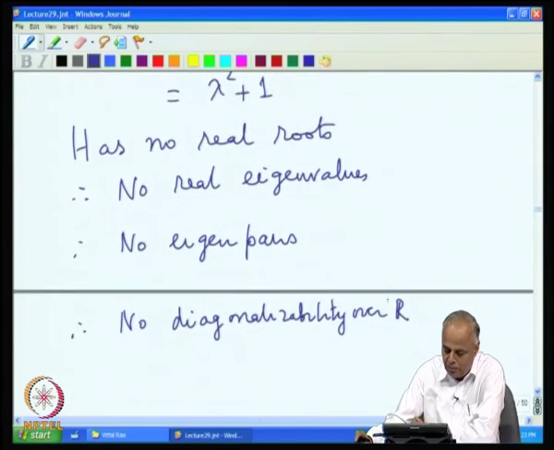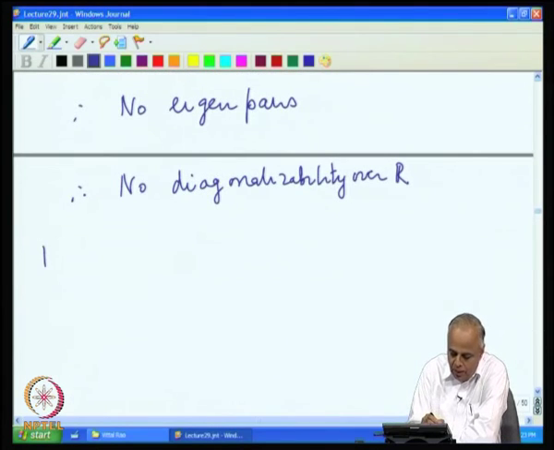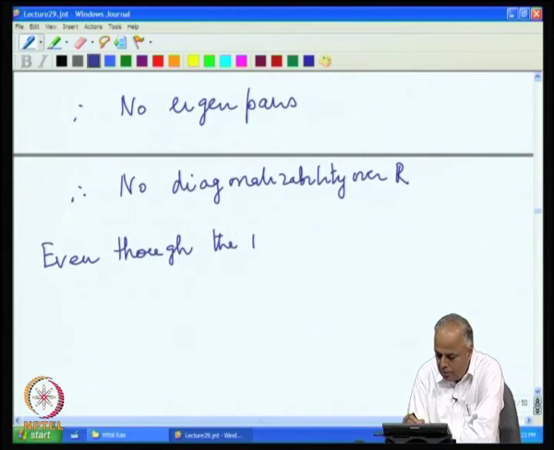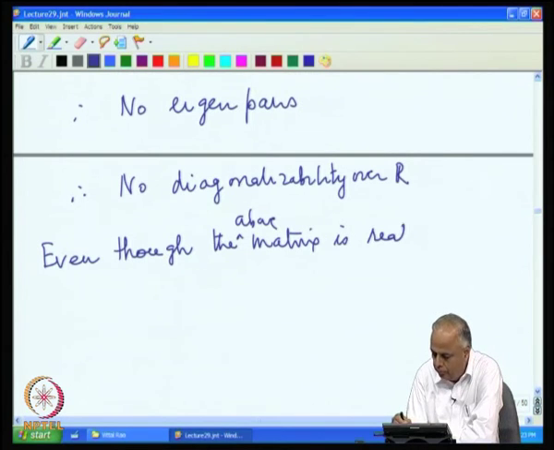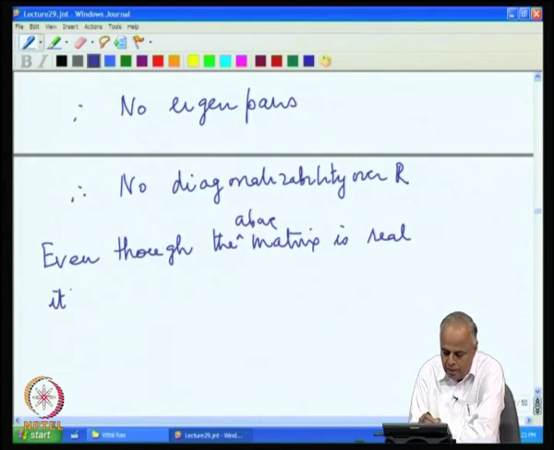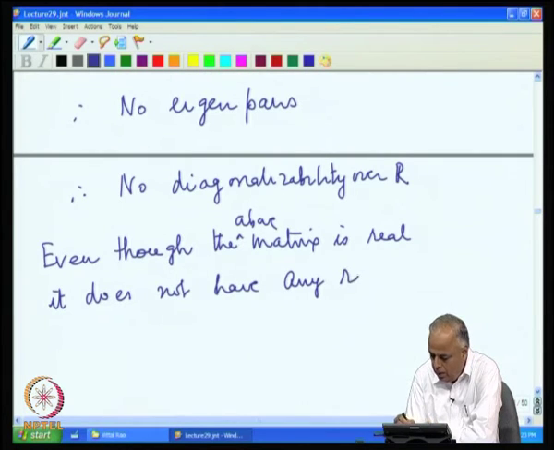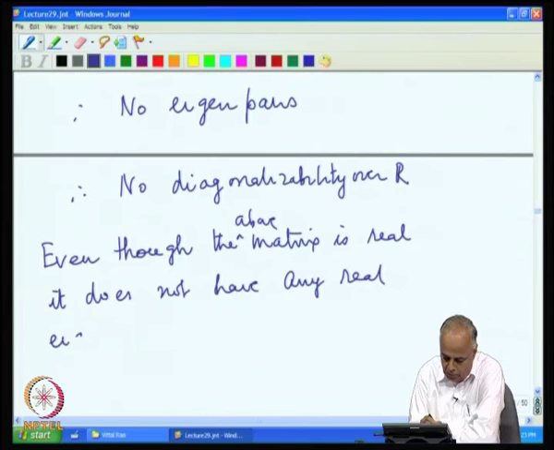So, even though the above matrix is real, it does not have any real eigenvalues.